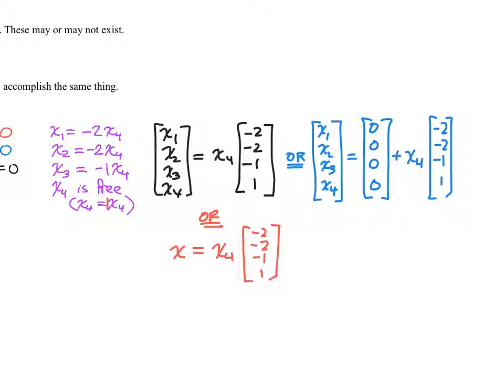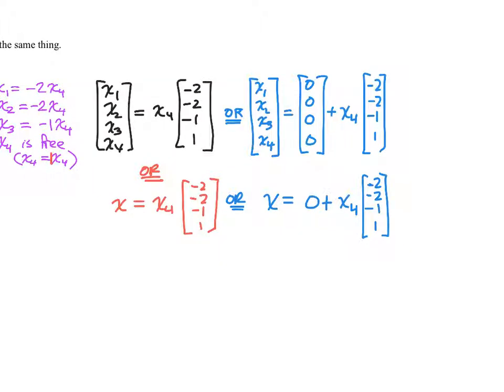And like I said, the streamlined version of that would be just the same as saying x equals 0 plus x sub 4 times -2, -2, -1, 1.